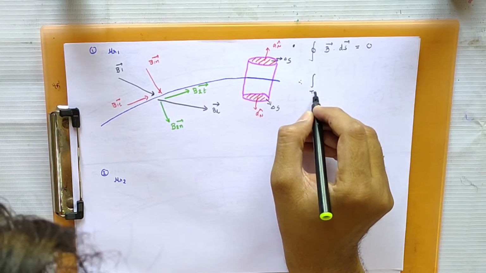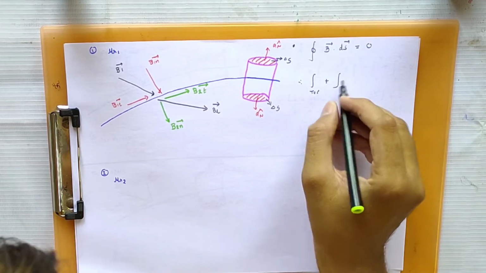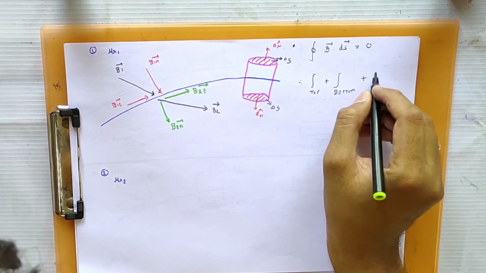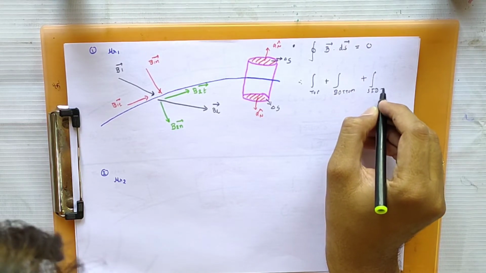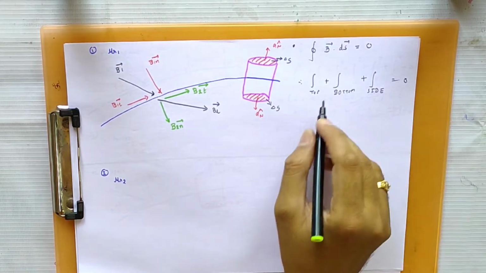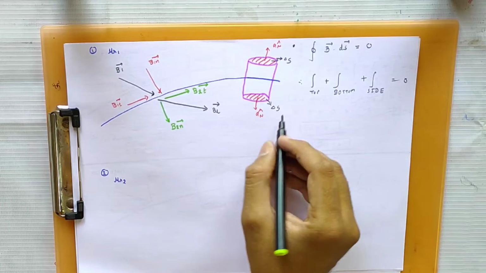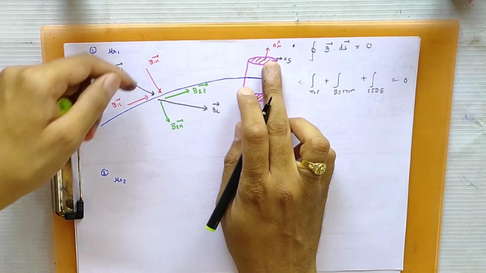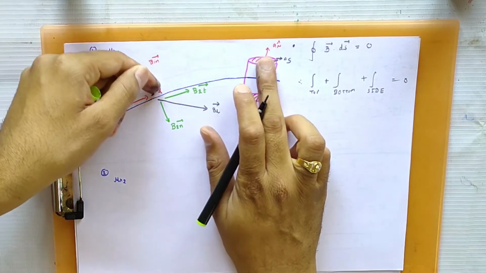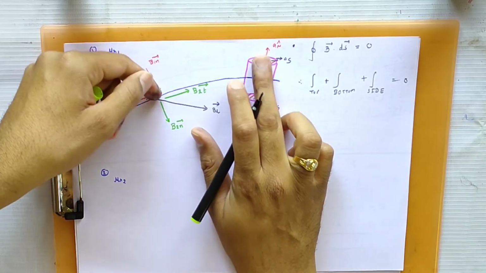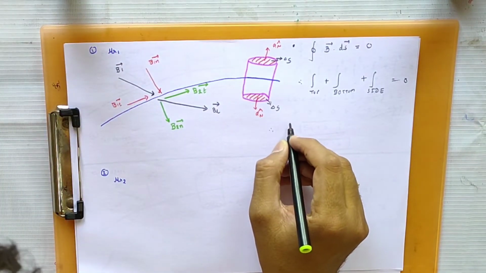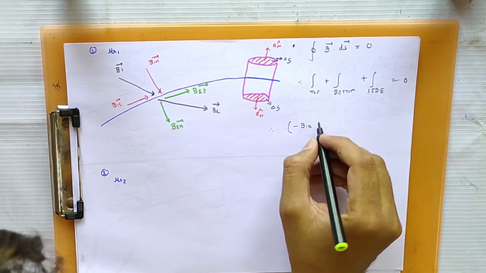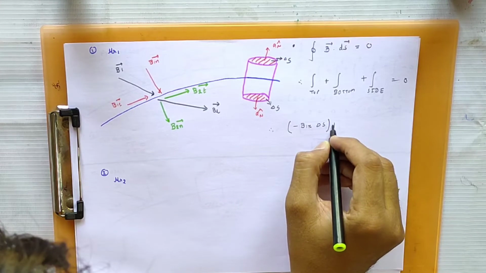So top side integration plus bottom side integration plus side wall integration is equal to 0. For the top side, b1n is in the opposite direction to the area vector, so we can write minus b1n delta s.